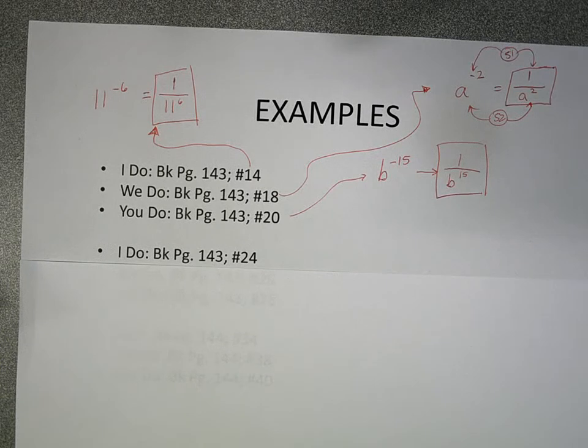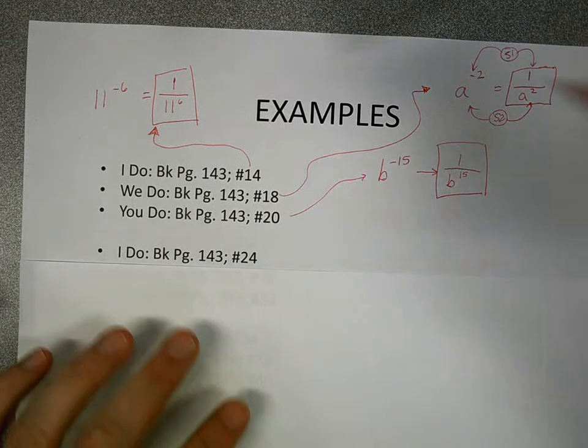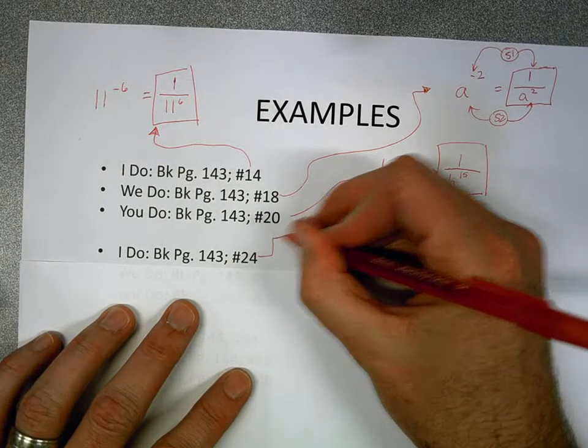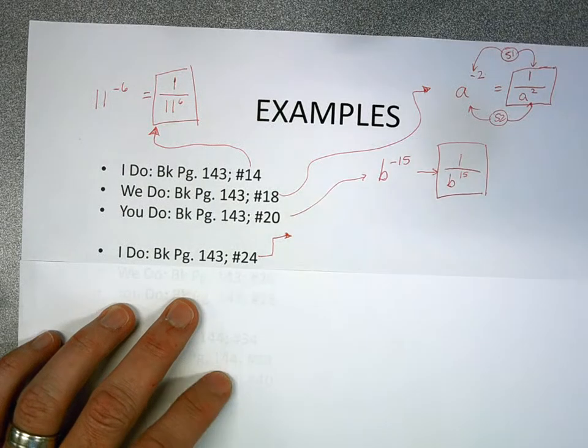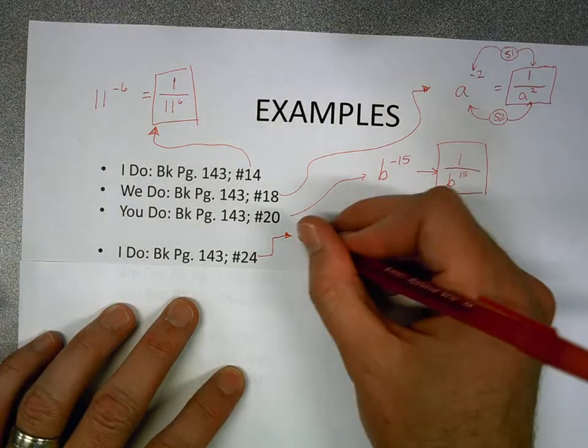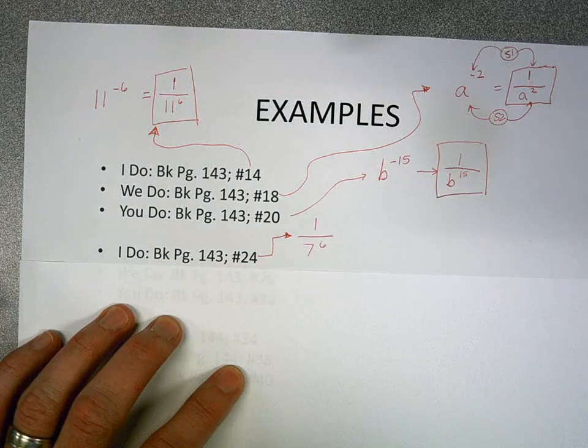The directions say write each fraction as an expression using a negative exponent other than negative 1. All right, so it's kind of wordy. Here's what we're going to do. Problem 24 shows it like this: 1 over 7 to the 6th power.